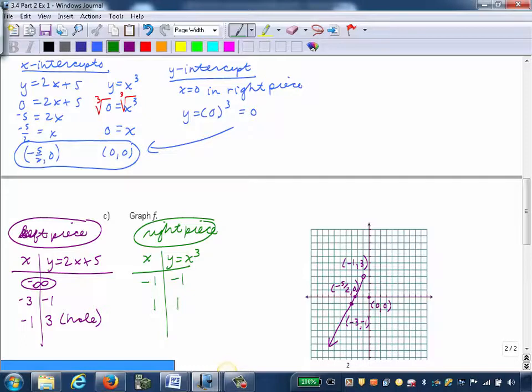I want to start this right piece at the point negative 1, negative 1, and end it at positive 1, positive 1. We know the shape of this cubic function is that increasing squiggly snake shape. When we connect these, we don't want to make the mistake of sketching a straight line through. We want that little curved snake shape.